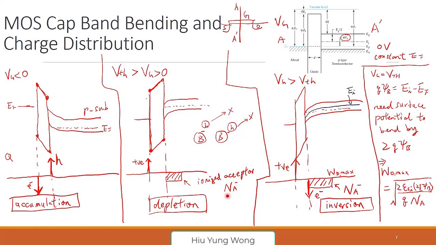Yes, we change it to ND and it becomes plus. And everything else holds the same logic, the same accumulation, depletion, inversion, and the same equations? Yes, everything is the same except that you have to be careful about the sign, whether it's positive or negative. But all the logic is the same.